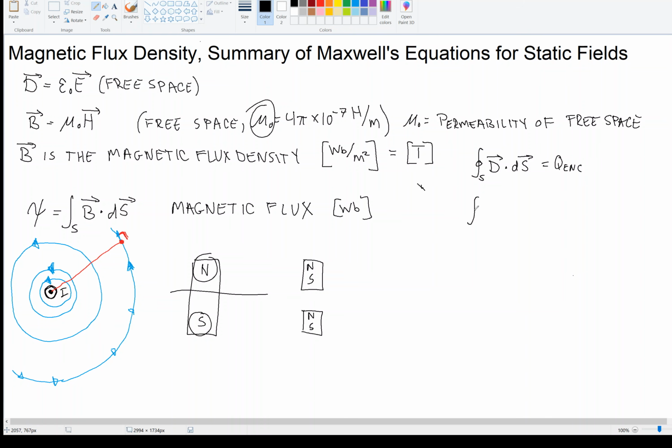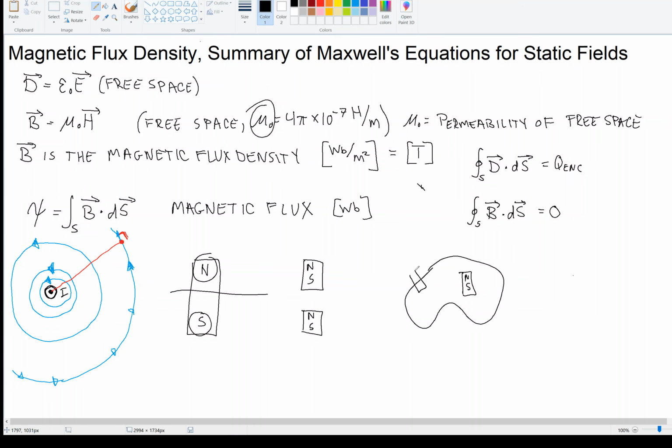So the closed surface integral of B, the magnetic flux density, dotted with ds, is equal to zero. Again, because if you have a closed surface, it has to contain a north and a south pole. So the net, I'm using the word charge here for magnetism, the net charge enclosed in that surface is zero. It always will be that case.